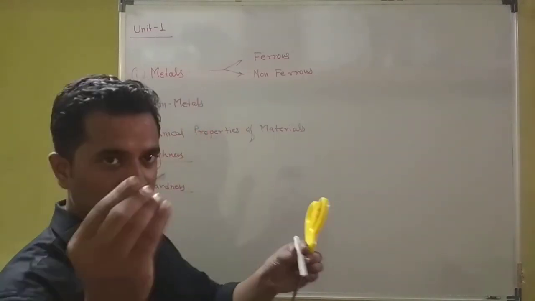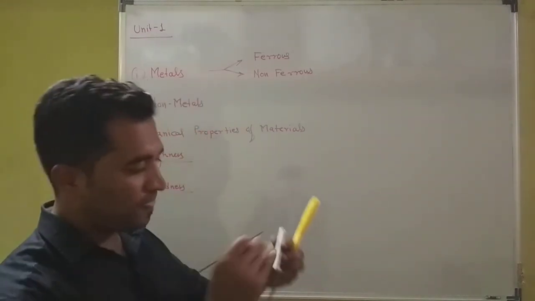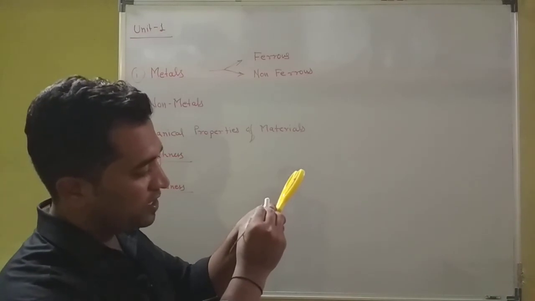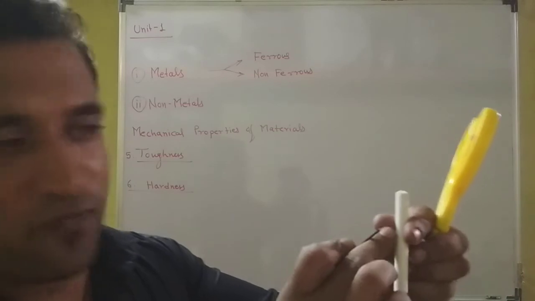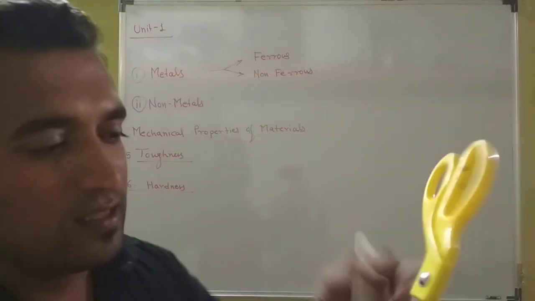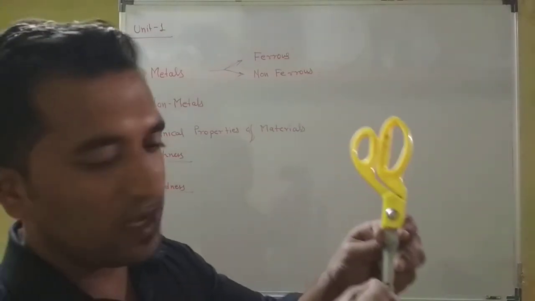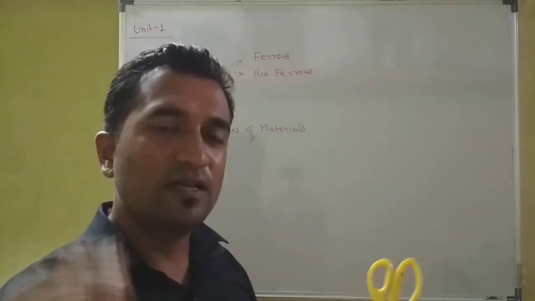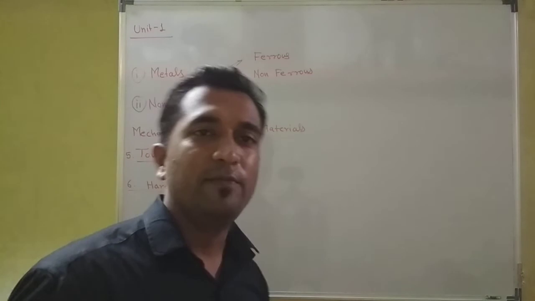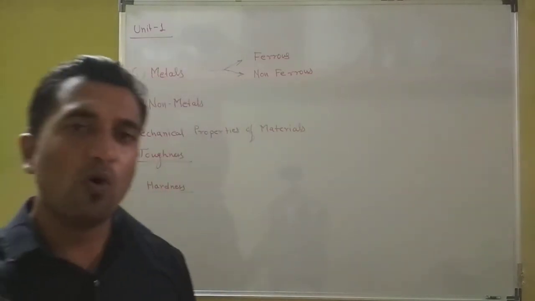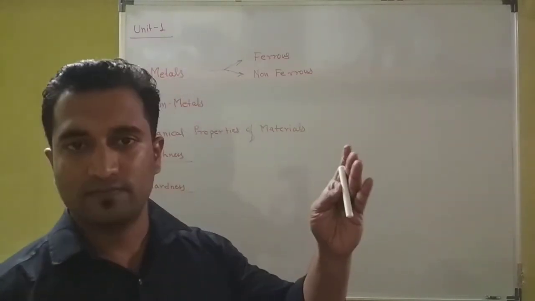Now, if this is the sharper one, if I scratch over here, what you can see? The scratch is forming on a chalk. But the same thing if I do over here or on a glass, will a scratch happen? No. Why? Because glass is harder than this.